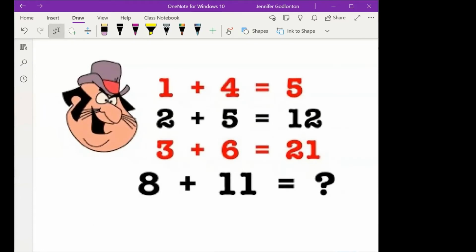Okay. Puzzle of the day. I have put something up here. Let's see if someone can solve it. I'll be very, very, very impressed if someone gets this right. Let me just put it like that. It is not 19.